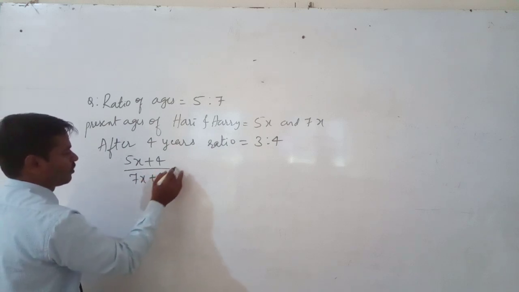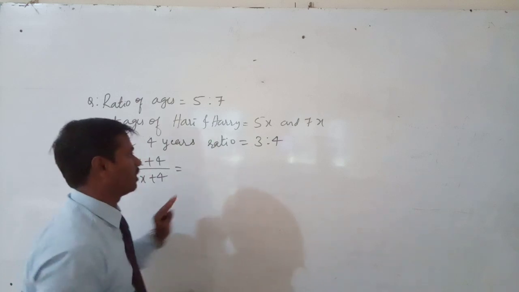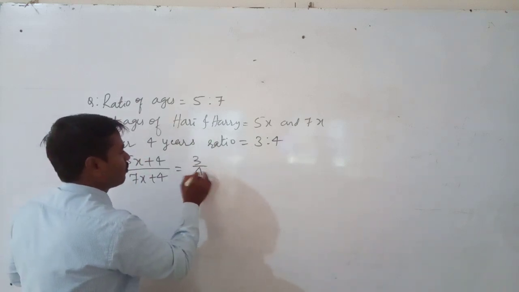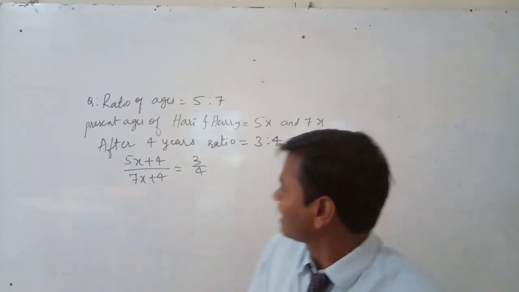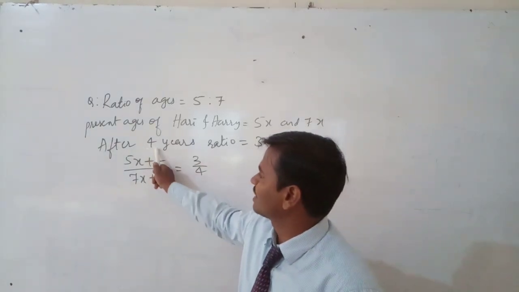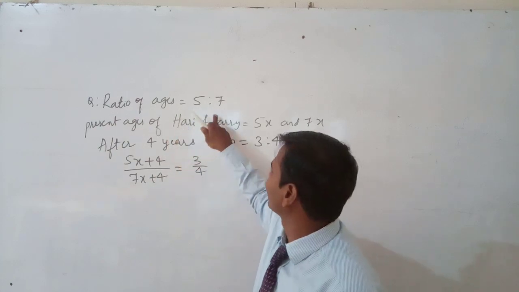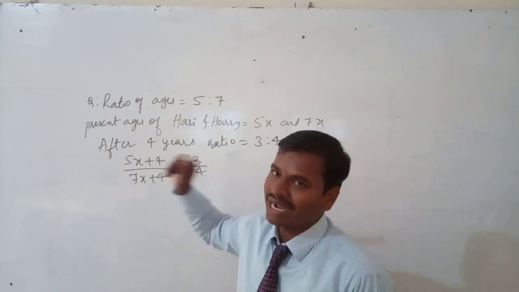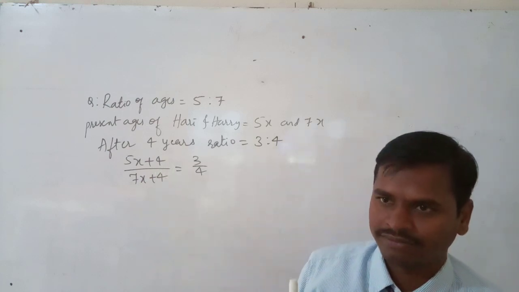Because it is a ratio, we take it in ratio form only, 3 divided by 4. Ratio can be written in fraction form.